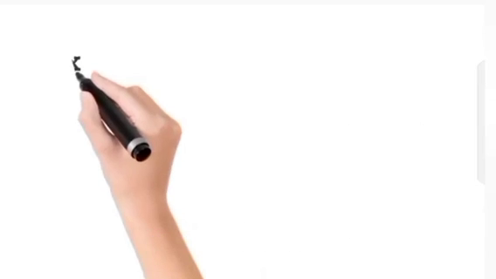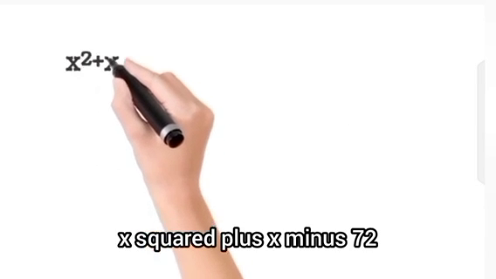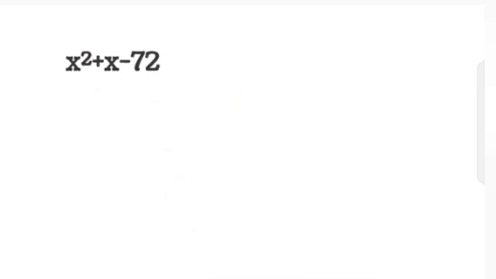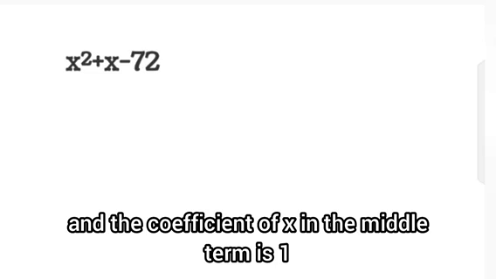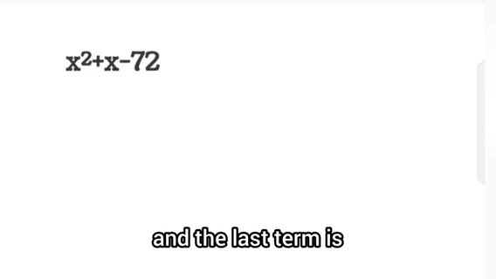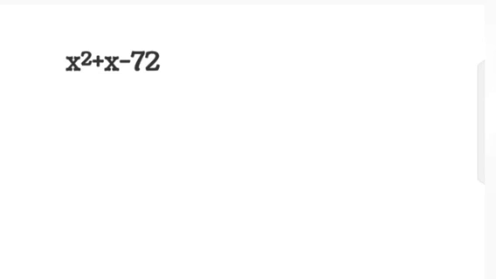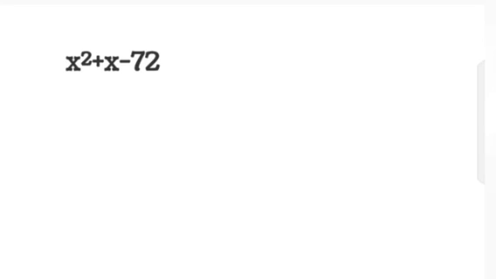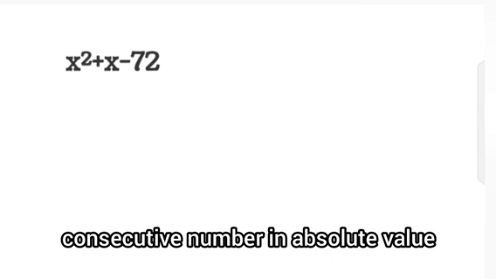Another that falls in this case is x squared plus x minus 72. So we have a positive middle term, and the coefficient of x in the middle term is 1, and the last term is negative 72 or minus 72. So our factors must be consecutive numbers in absolute value.